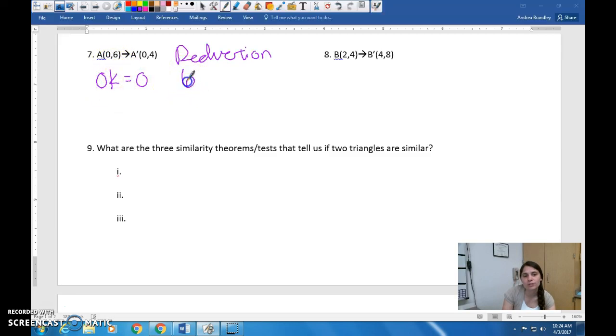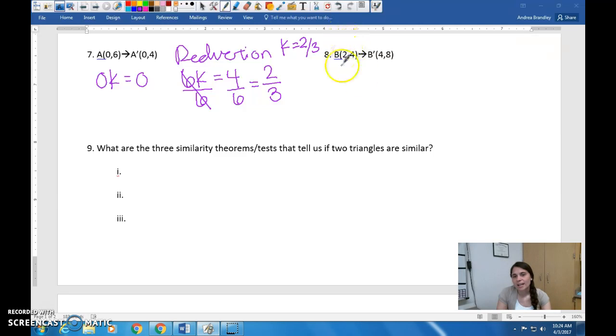So I'm going to use my other two numbers. So 6 times k is equal to 4. And then to get k by itself, I divide by 6 on both sides. And 4 over 6 is equal to 2 over 3. So my k is 2 over 3.